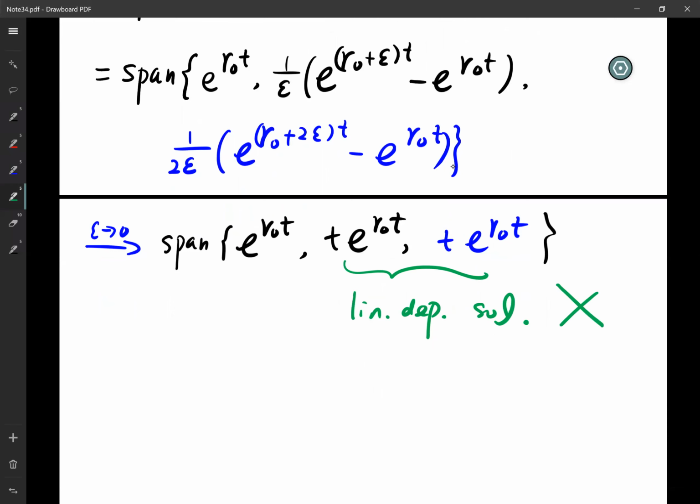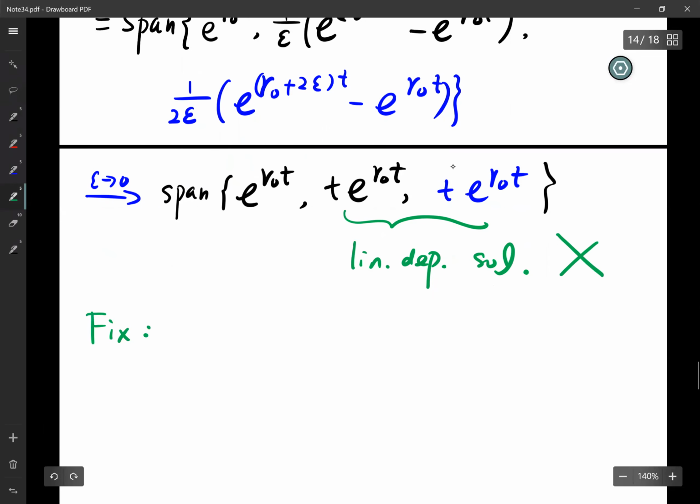The way to do it is, instead of this one, we make a different linear combination. So what we do is fix. The third one should be exponential r0 t, and here there's an epsilon squared.